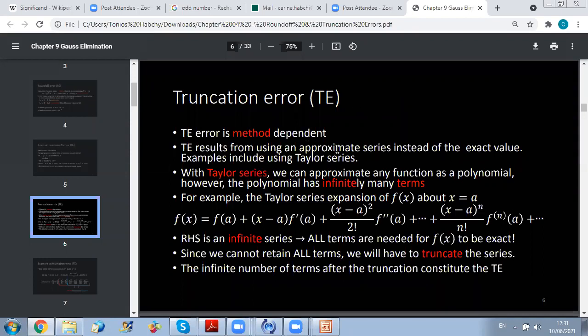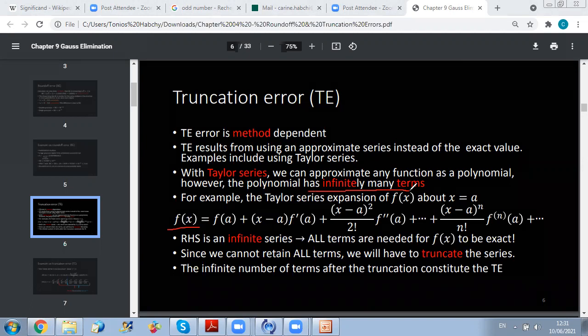We will take an example of a truncation method, which is a very common example, the Taylor series expansion. Okay. I think you have already seen what is Taylor series. Taylor series is a method to approximate a function around a certain point. Okay. And this series is a polynomial that has infinite terms. And you know that if I want to perform calculation, I cannot add infinite terms.